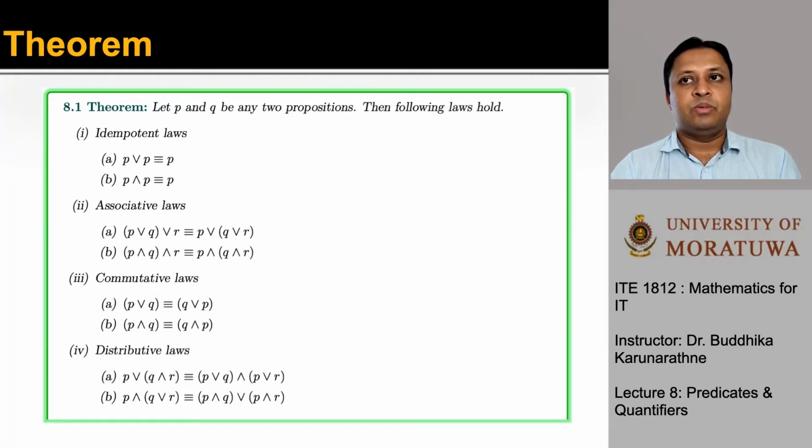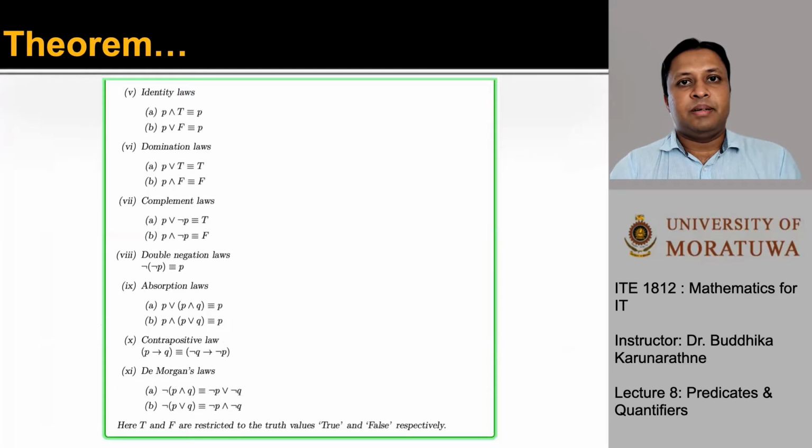And also third is the commutative laws, also regarding the commutative fashion of conjunction and disjunction. And then, of course, the distributive laws, also regarding the conjunction and disjunction of these two propositions, P and Q.